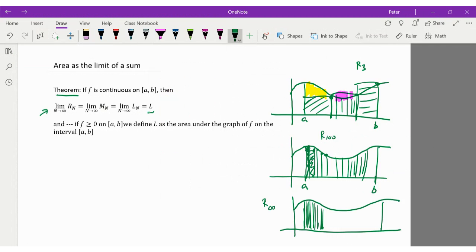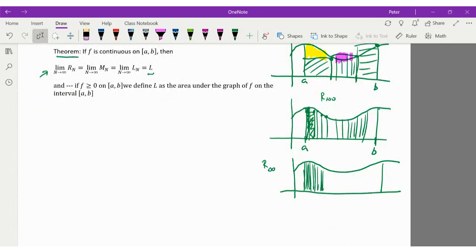Well, you can sort of see that's not going to work, because I'm adding up infinity times 0 times f of x1 plus 0 times f of x2 plus dot, dot, dot.